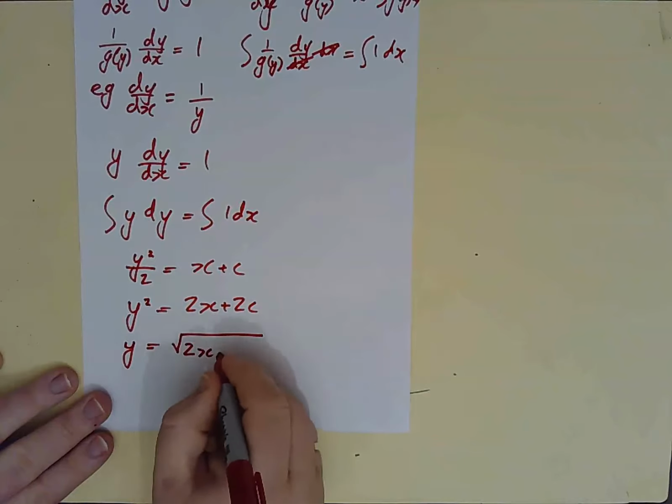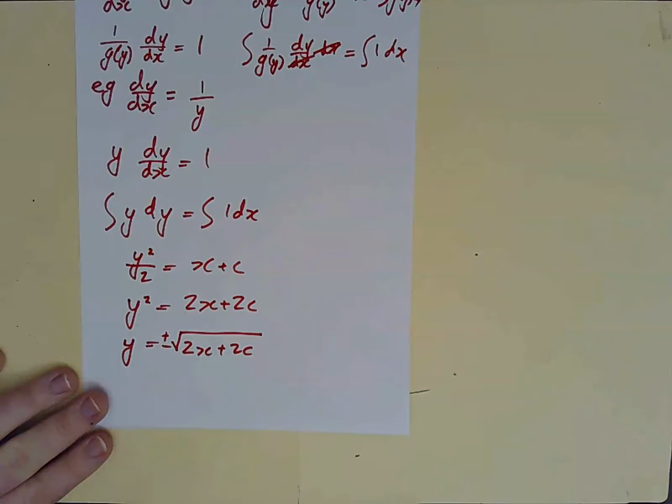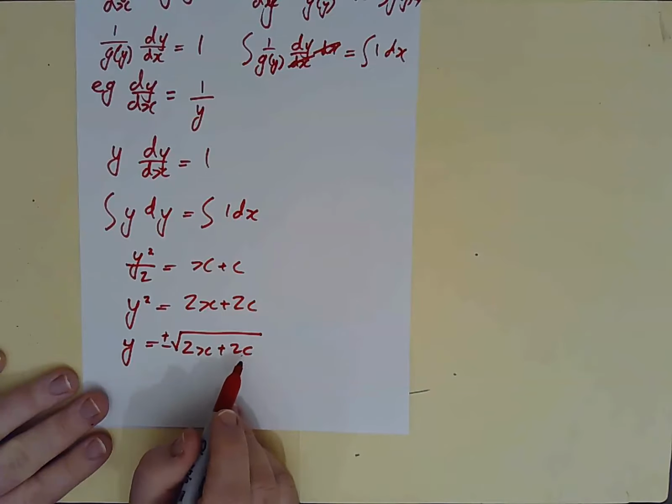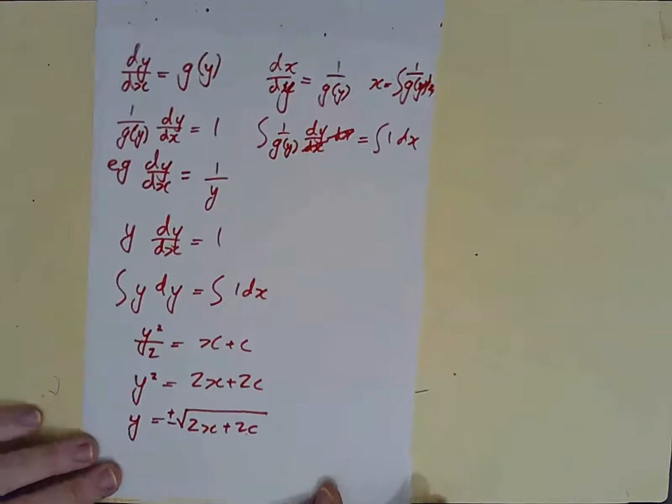And depending on the circumstance, you might have a plus or minus. Often you'll find when you're doing these sorts of problems, you want to sub in at the end and say 2c is just a constant, and I could replace that with a different constant called k or something like that rather than have 2c there, but I'm happy with that for now.